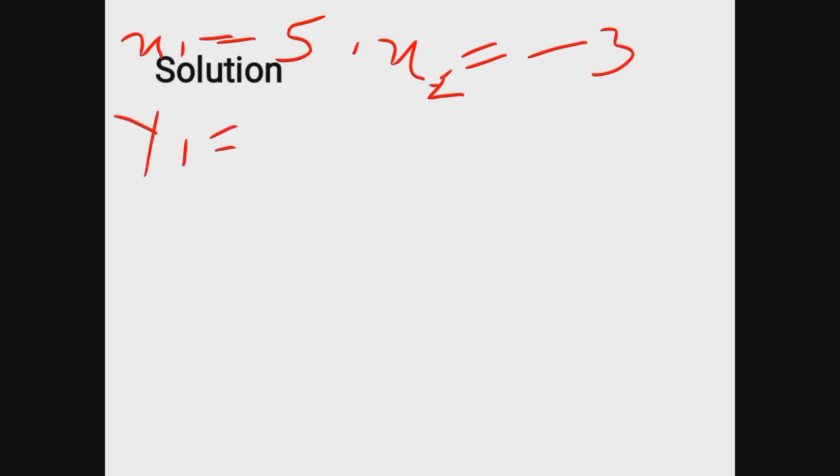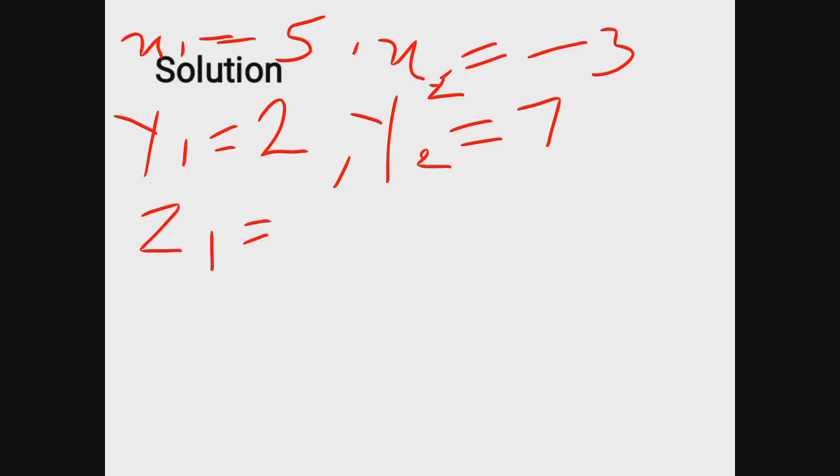Now let's use the next slide to simplify that. So going with that, let's get our values. x1 equal to -5, x2 equal to -3, y1 equal to 2, y2 equal to 7, z1 equal to 0, z2 equal to 4.